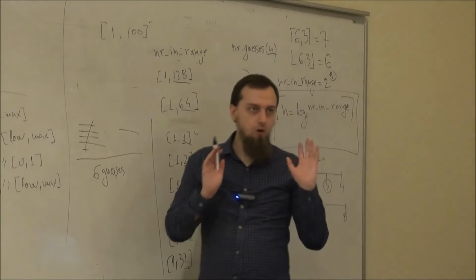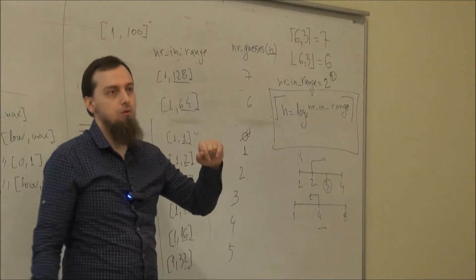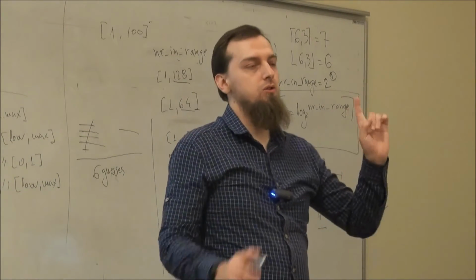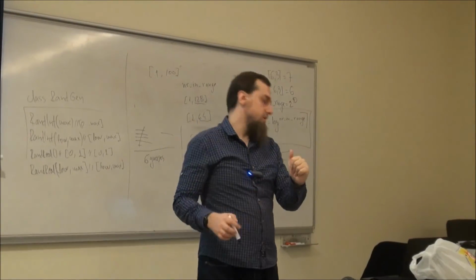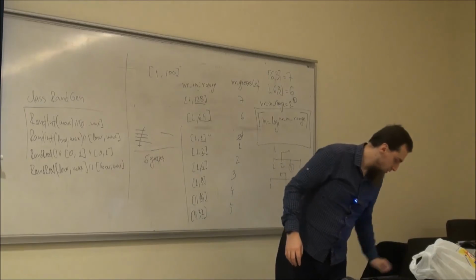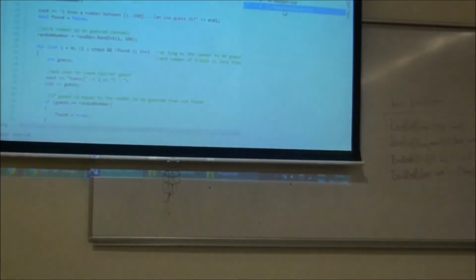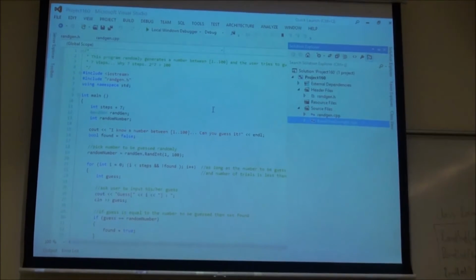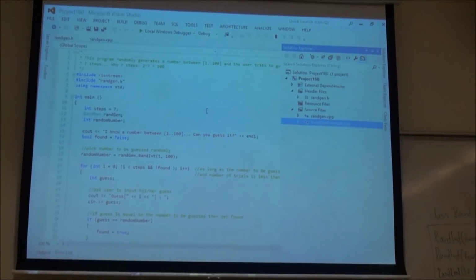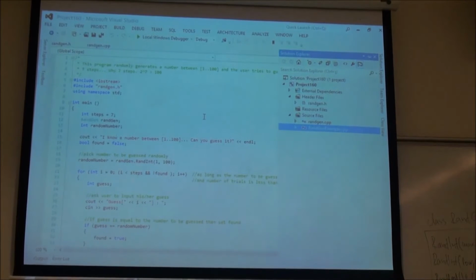Now our job will be to program all of this stuff. We are going to randomly find a number from 1 to 100, and we're going to guess that number. Let me run the code first. And now you see why. So from 1 to 100, the logarithm of 100 with base 2 is 6 point something.